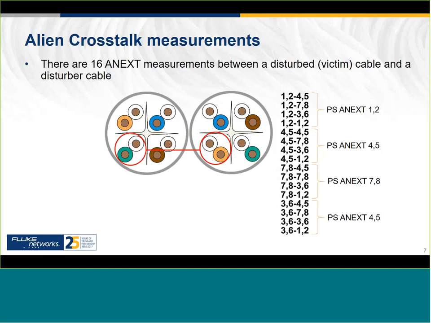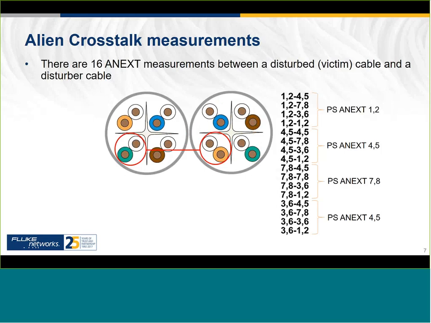And so you've got quite a lot of measurements going on there. And if you've got 6 cables around one, we've got to do this over 6 times. So it's quite an extensive set of measurements that we are performing when we do this in the field.